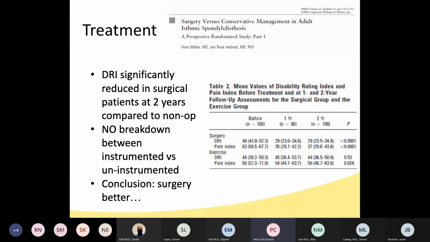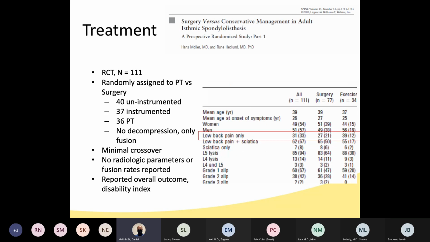Peter? Yeah. That study is a great study, and I love it because it does help you with that problem. But you've got to know that part of their inclusion criteria are people who failed a full course of physical therapy. So they're not saying that surgery is better than physical therapy. They're saying it's better than continued physical therapy once that's failed.